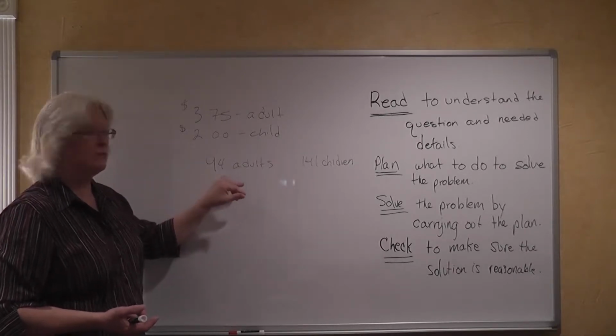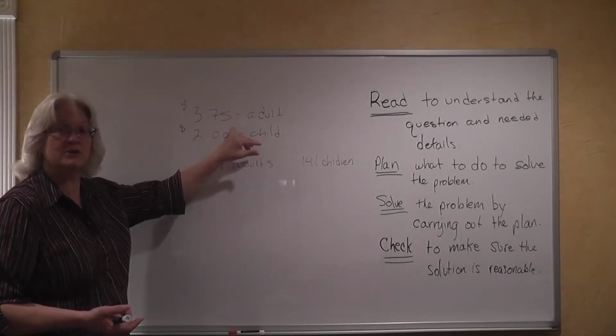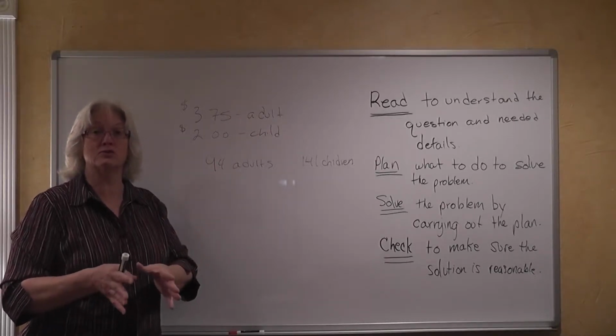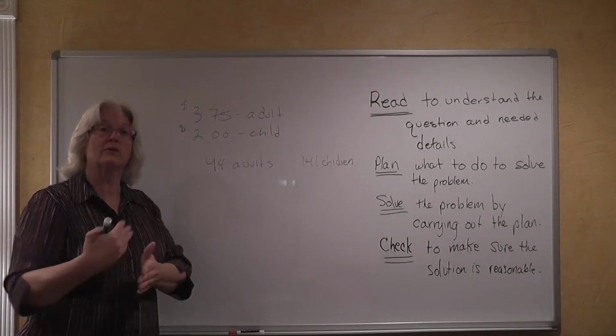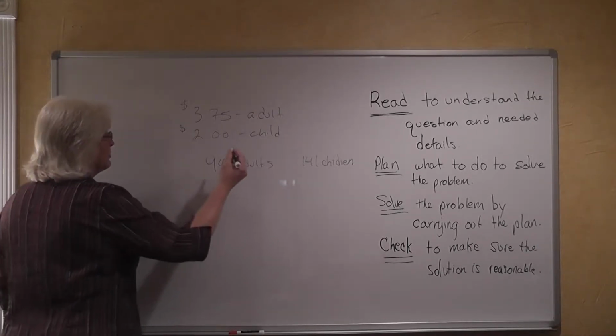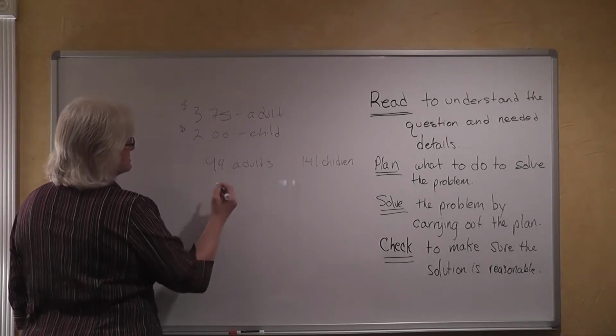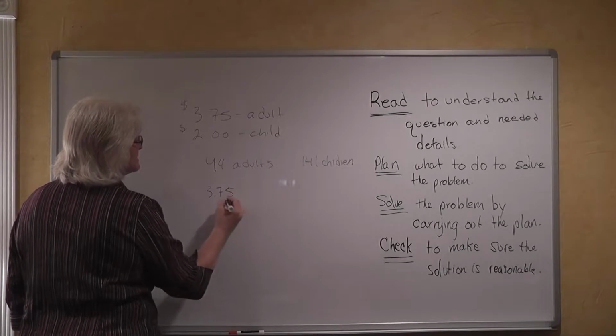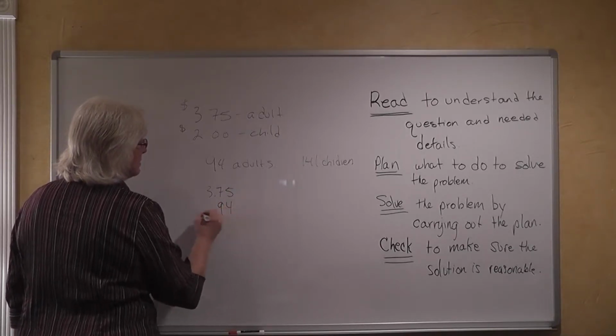Well, we're going to take 94 adults times $3.75. And I know you're going to groan, but no, you may not use your calculator. We're reinforcing the ability to do manual multiplication. So, $3.75 times 94 adults.